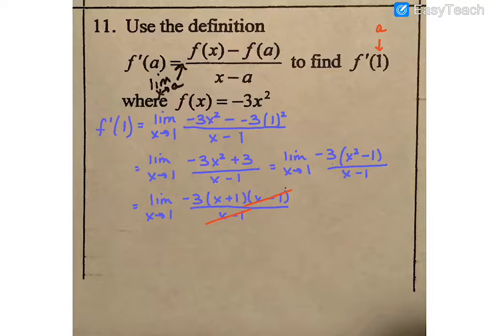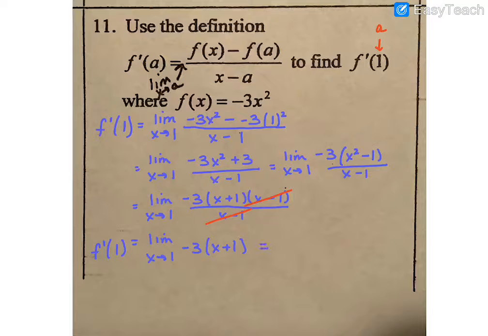That now gives me the limit as x approaches 1 of negative 3 times x plus 1. This is what we're going to be doing to find our f prime of 1. At this point, we've done all the simplifying we can, and so we are ready to plug our value in.